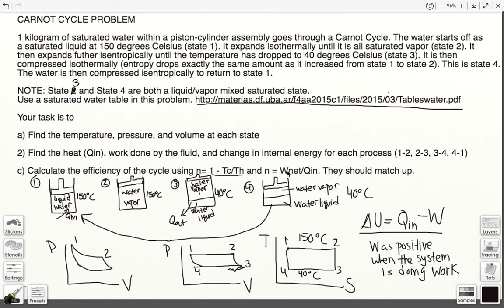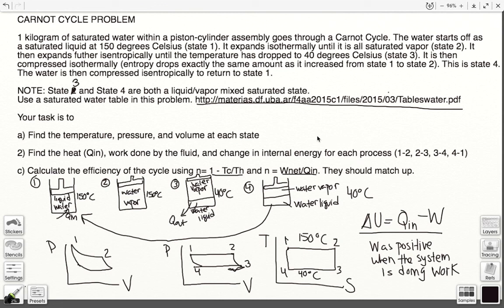And there's a whole derivation process from getting from this to this. So from your calculations from part 2, I want you to calculate efficiency using this formula too. And if you did your calculations right, this value should match up with this value.